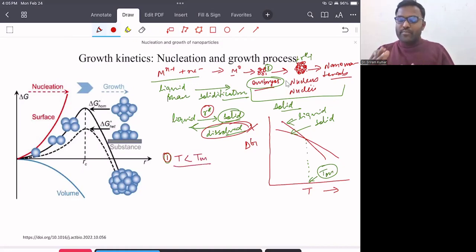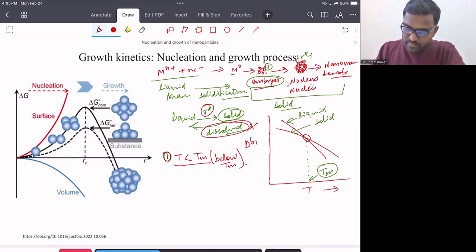That means we are talking about below melting point temperature. So if you want to develop solid materials, the working temperature of the system should always be less than the melting point for the solidification process, right?